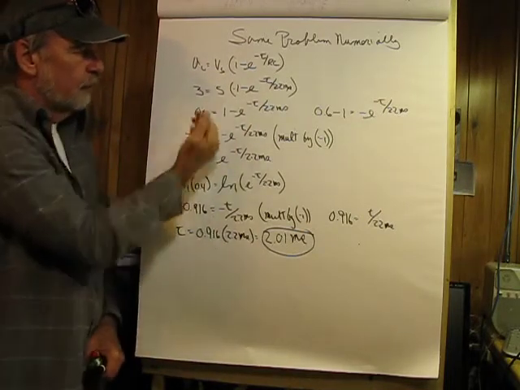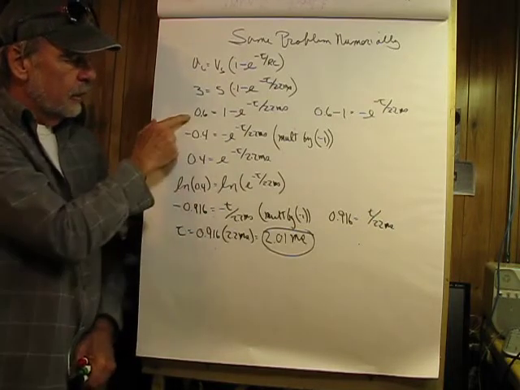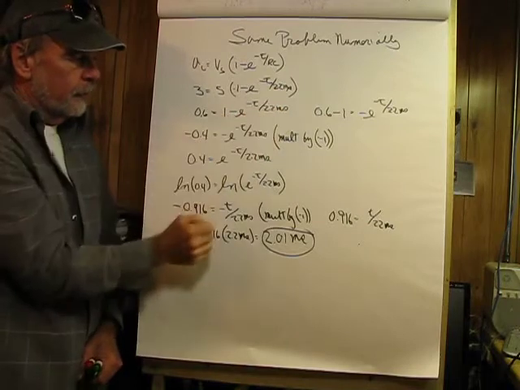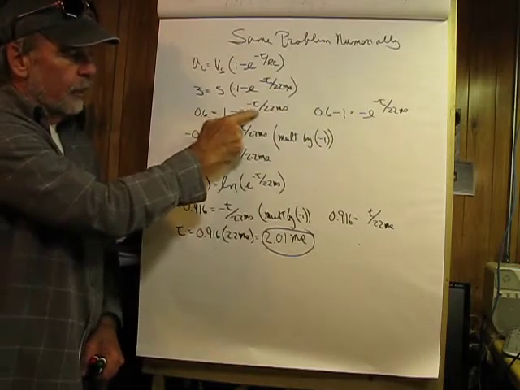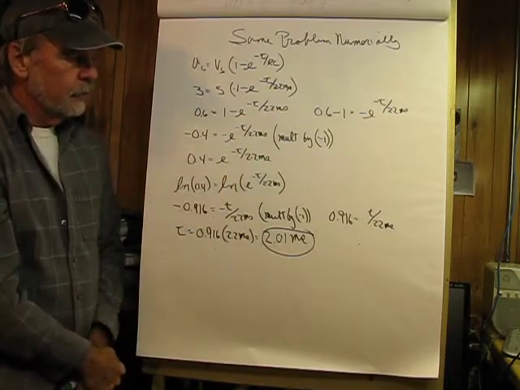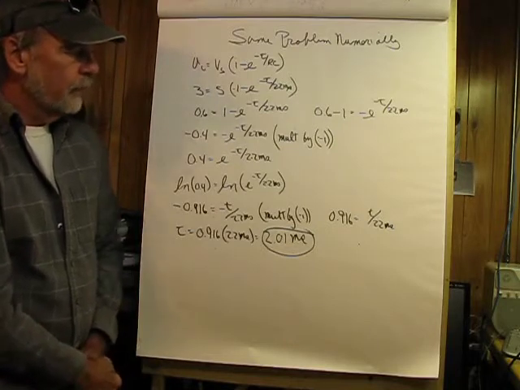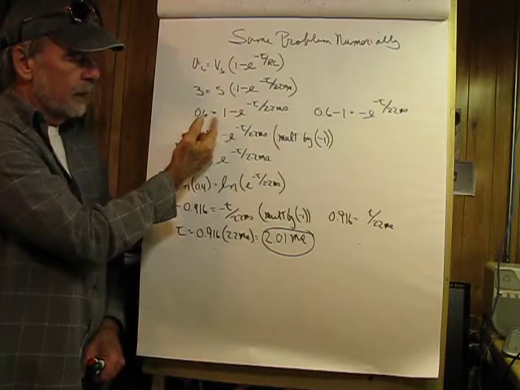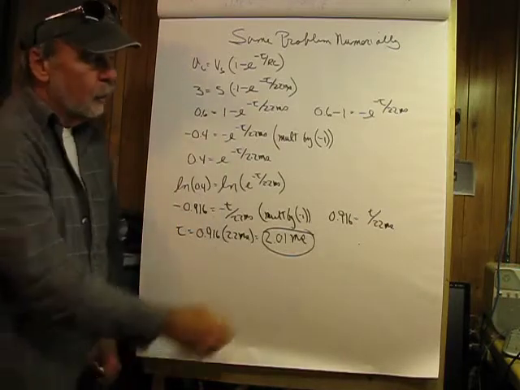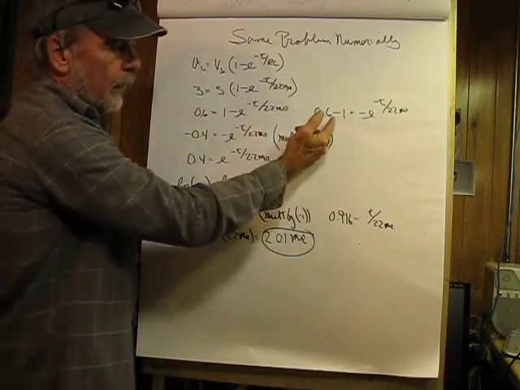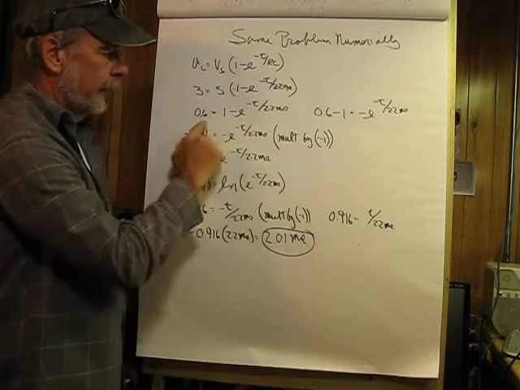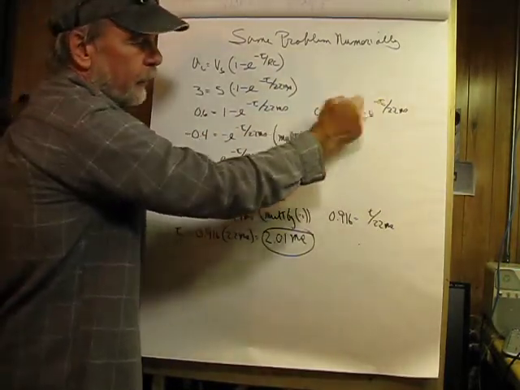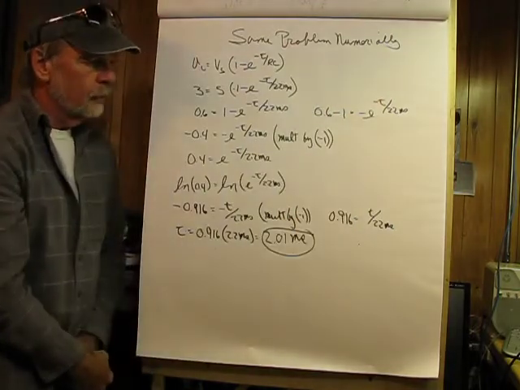So I'll start by dividing both sides by 5, which gives me here 0.6, stripping the parentheses, 1 minus e raised to the negative t over the time constant. So that's a good start. Then I want to get rid of the constant, so I'm going to subtract 1 from both sides, which gives 0.6 minus 1 equals negative e raised to the negative t over 2.2 milliseconds.